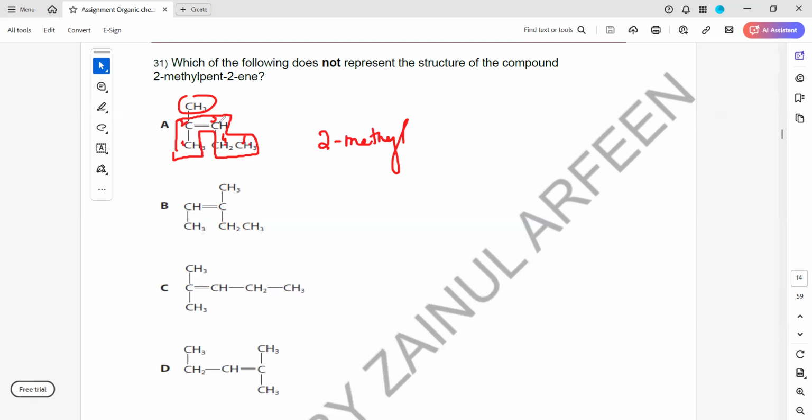Then 5 carbon atoms are there, so I will say pent.